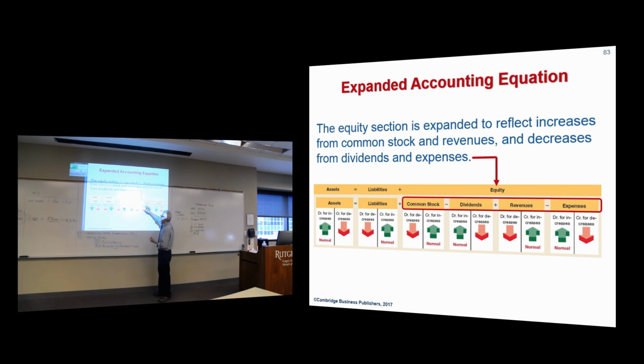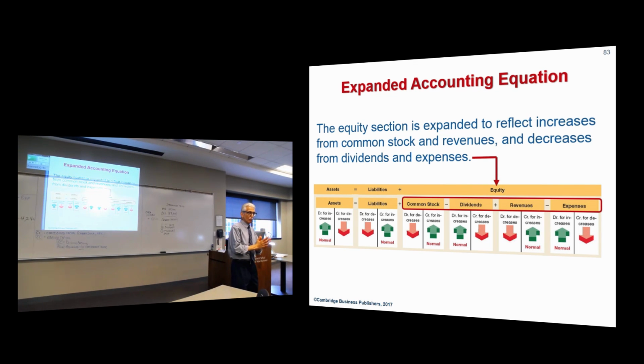So we know that on the equity side, and I'm going to explain this a little bit differently in a second, equity is going to increase with credits and go down with debits. So let's just take common stock and revenues for a second. Common stock is kind of friendly, right? Because if common stock goes up, it's credited, and that increases equity.